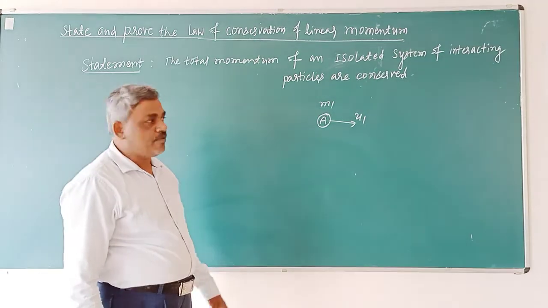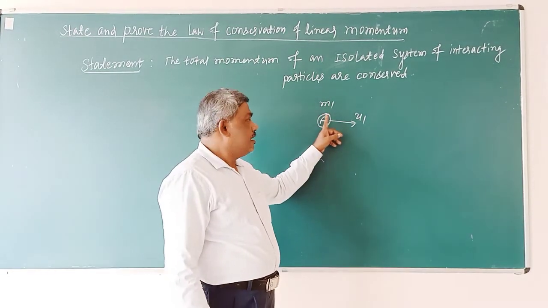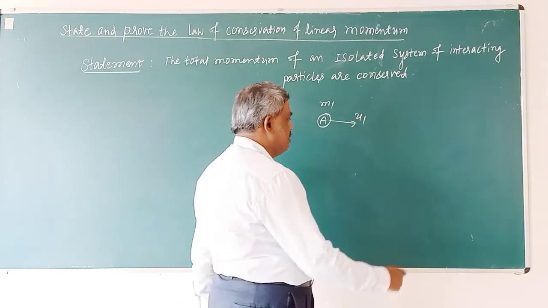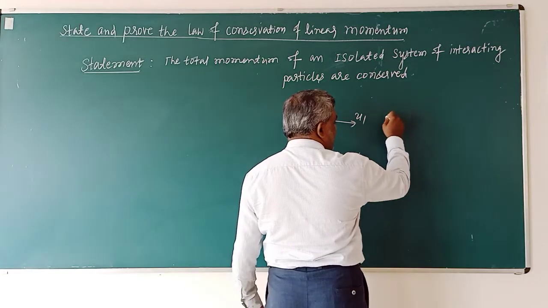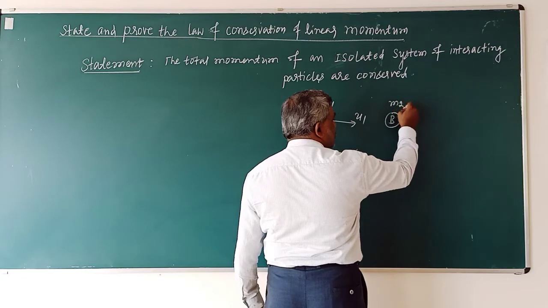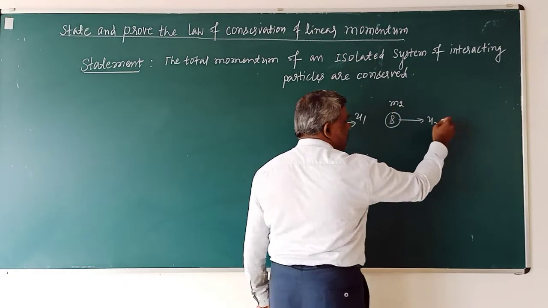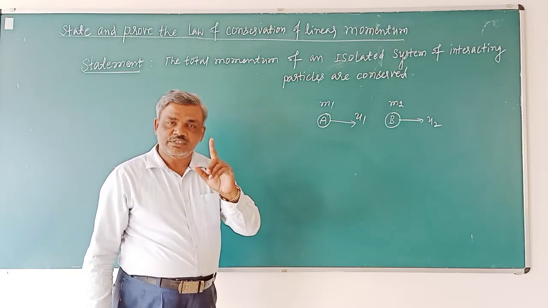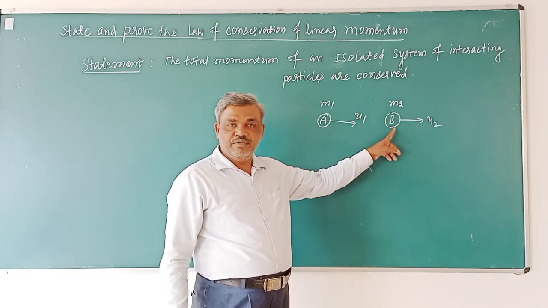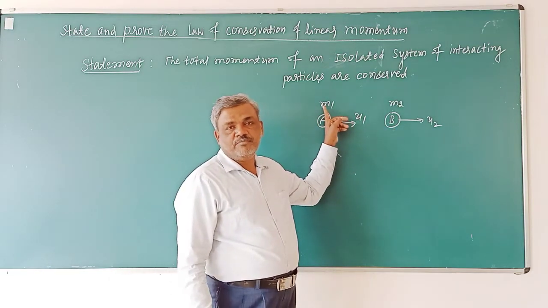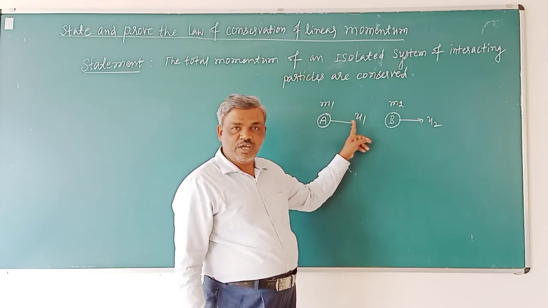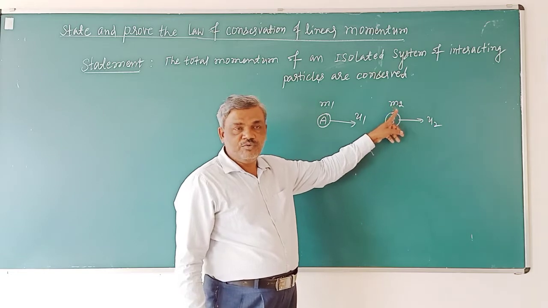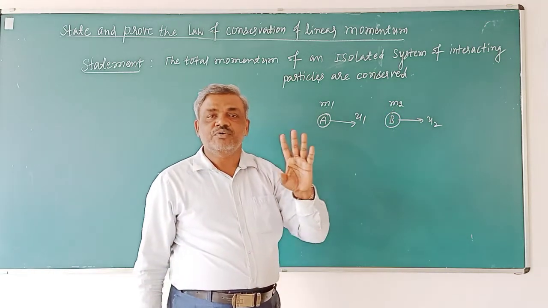The other body B has mass m2 and moves with initial velocity u2.